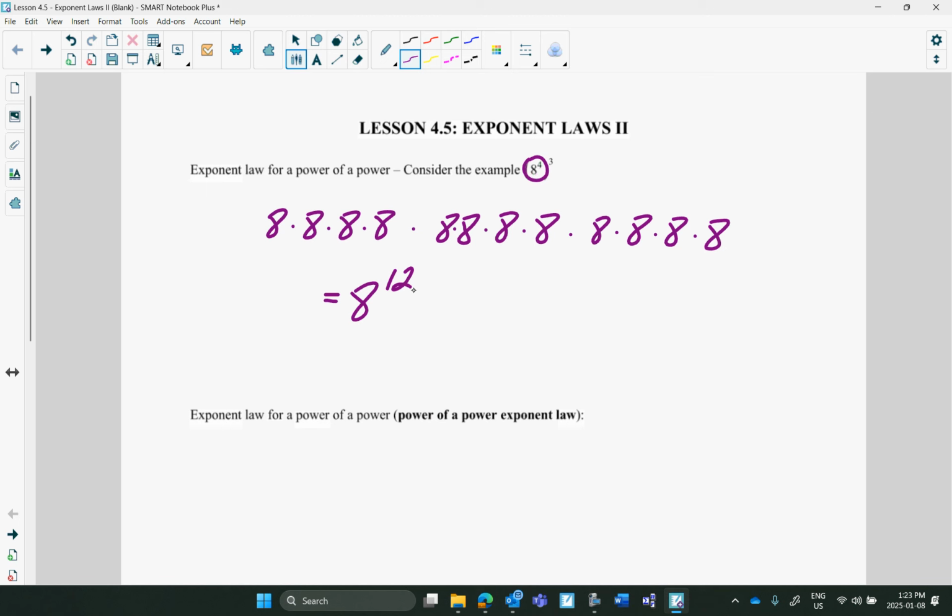Can you see a shortcut so I don't have to write all this out? Lucy. Exactly. Multiply the exponents. This is called power to a power. When you have two exponents beside each other, that's power to a power. That means you multiply.